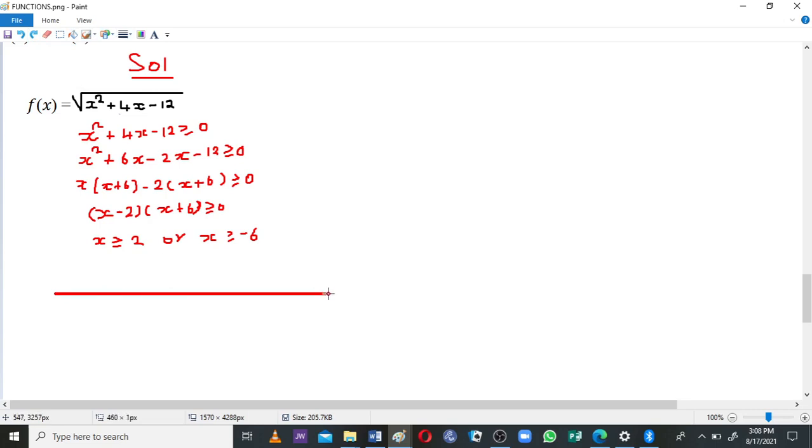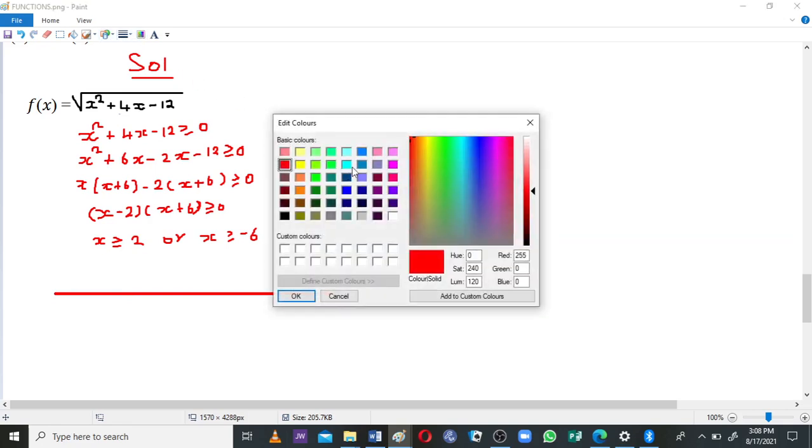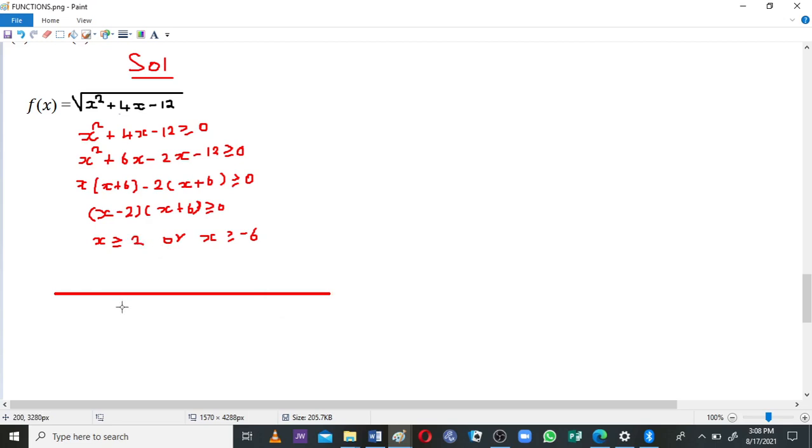And I'll show you how to use this line. Your critical values are negative 6 and positive 2. So choose one point here, and this is your limit. You have negative 6, and this side you have positive 2. In between here, you have some values.